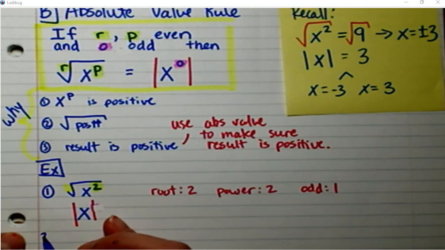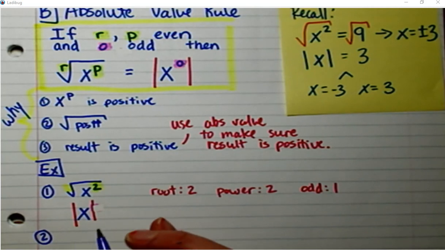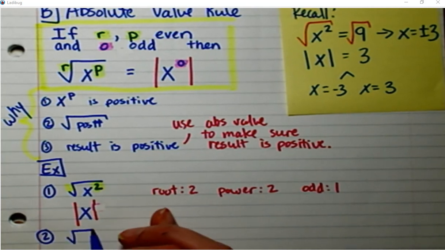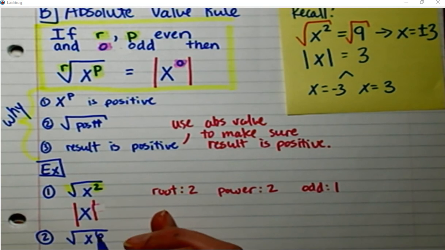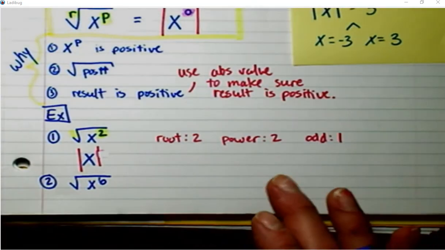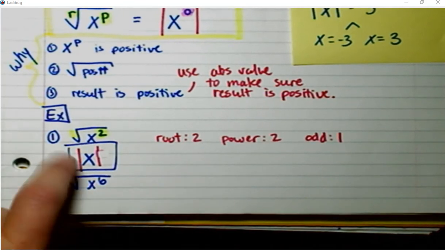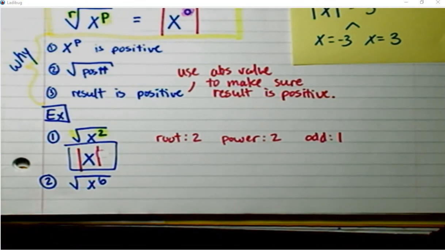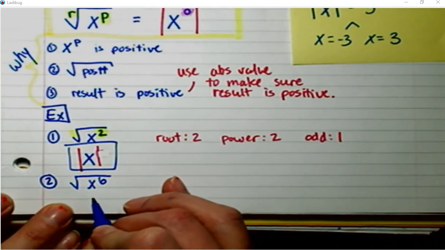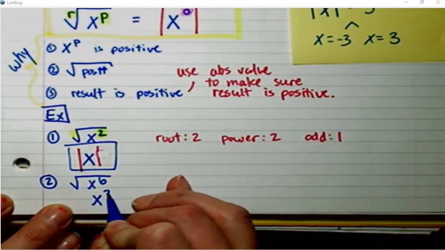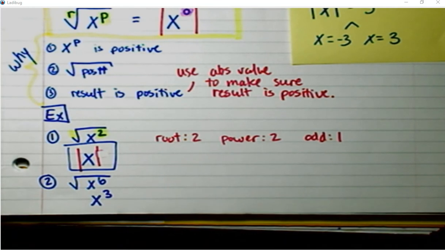Okay, so let's do another one with some different numbers so we get a chance to see it. So if I do the square root of x to the 6th, what are our answers? The answer here is absolute value of x cubed. All right, let's try the rule.